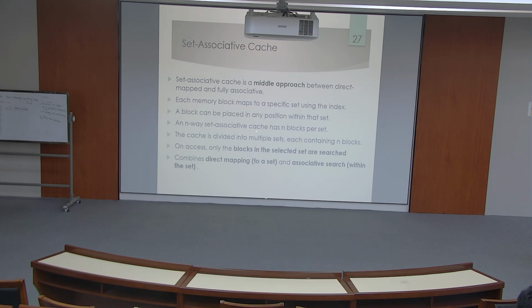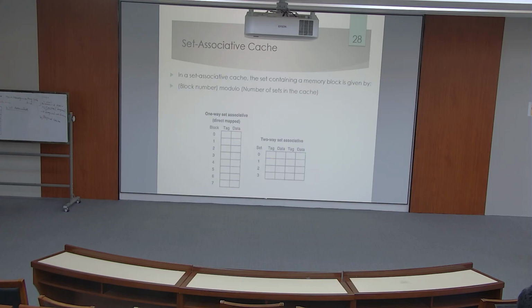A block can be placed in any position within that set. N-way set associative has n blocks per set. That means the cache is divided into multiple sets, each containing n blocks. On access, only the blocks in the selected set are searched. So it combines the direct map, that is one block per set, and an associative search within the set.